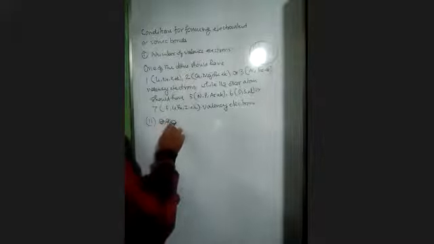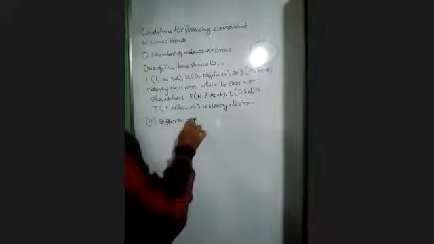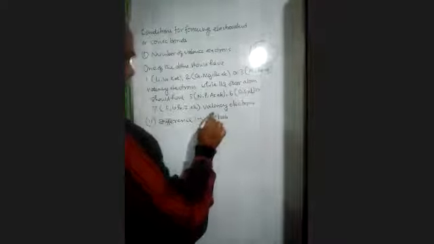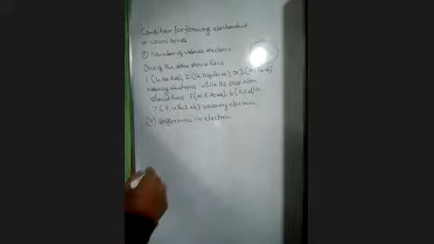The second condition is the difference in electronegativity. If there is a large difference of electronegativity between two combining atoms, only then will there be formation of an electrovalent bond.